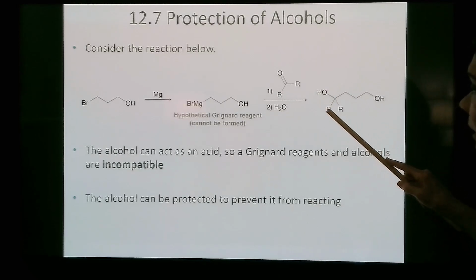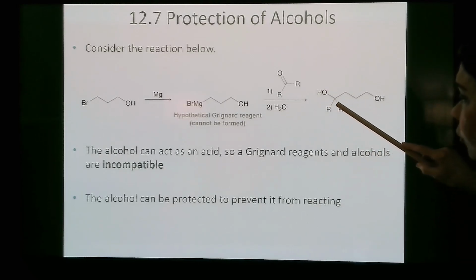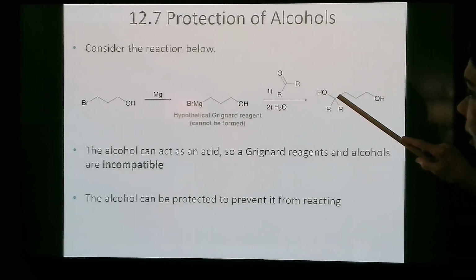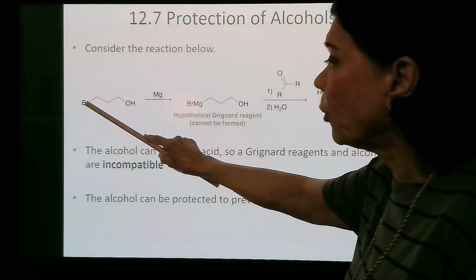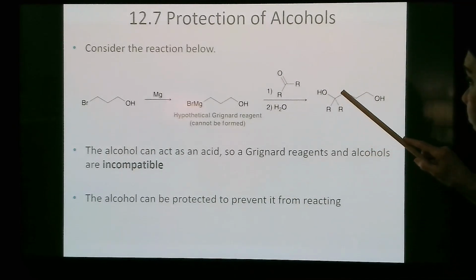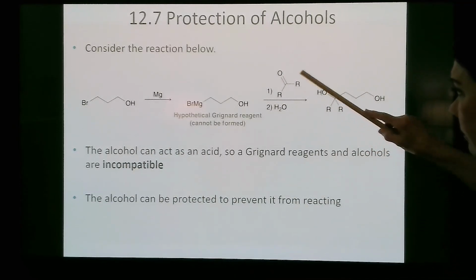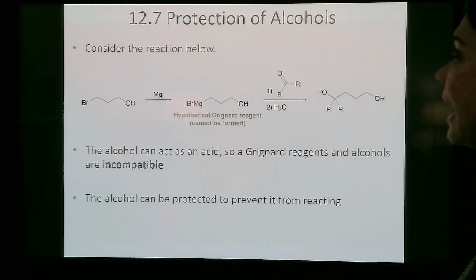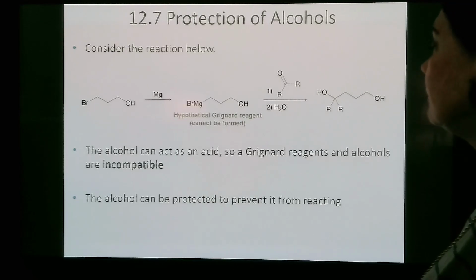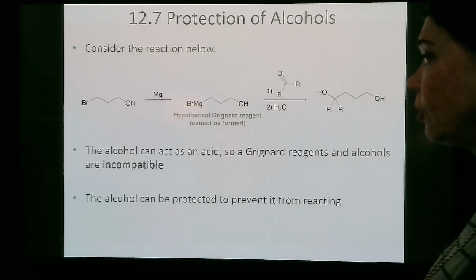So here you have put the carbon, oxygen, and the two alkyls. Here you've replaced the bromine substituent with this group, and it is set up perfectly to use a Grignard reagent.